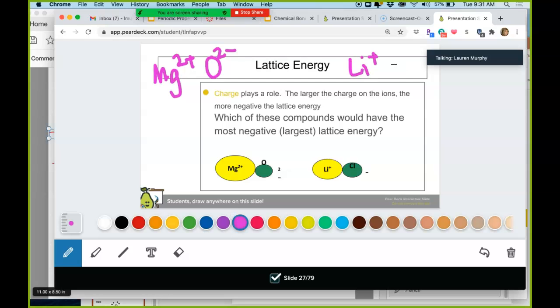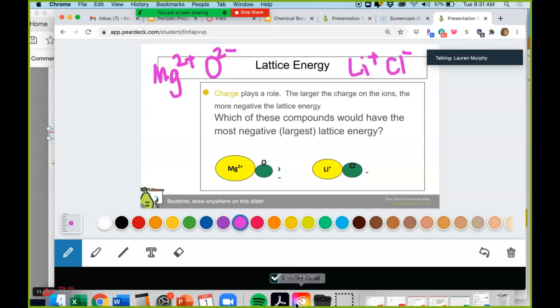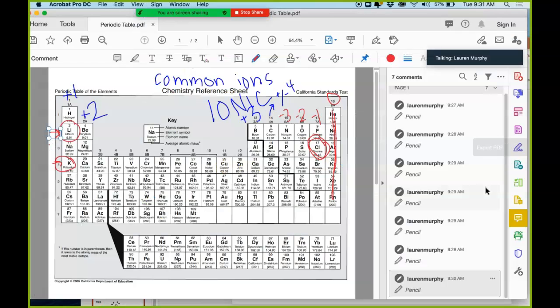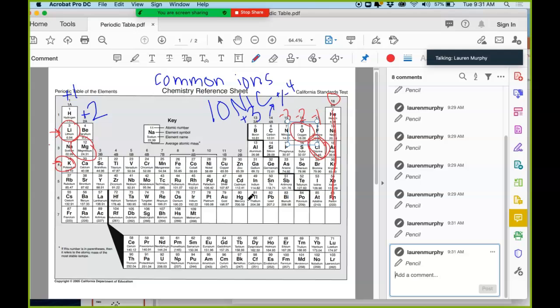Lithium is a +1 cation, chloride is a -1 anion. Okay, +2 -2, +1 -1. So I'm going to go back to my periodic table and just make sure we did this right. Magnesium is a +2. Oxygen is a -2. Lithium is a +1. Chlorine is a -1.